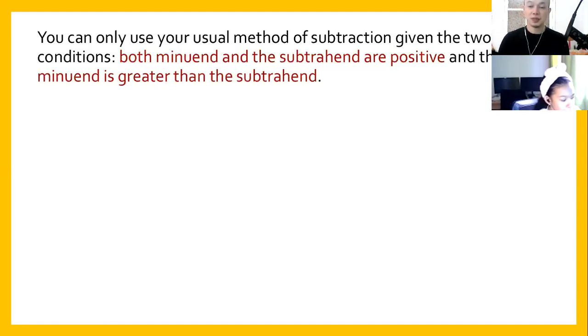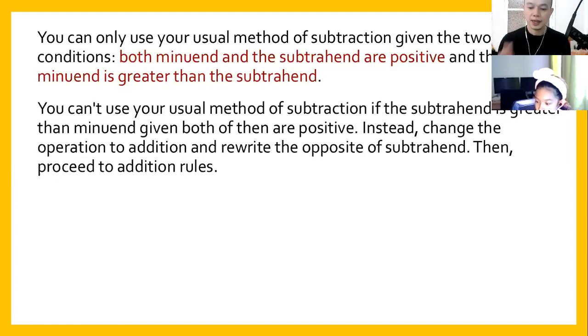That's what I explained to you. These are the two conditions where you can use direct subtraction. Both numbers are positive, and the first number, which is the minuend, is greater than the second number, which is the subtrahend. You have to remember, if the conditions are those two, then you can do direct subtraction, okay? What about the next one?